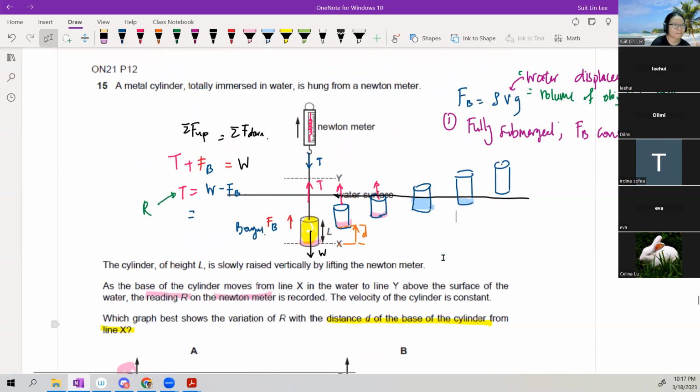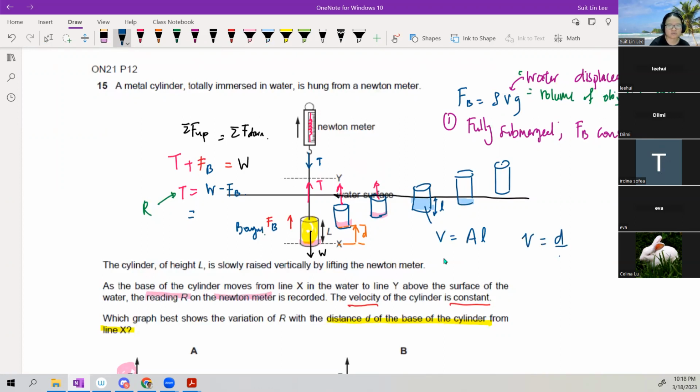So number one, the velocity of the cylinder is constant. Let's say I want to think about the volume. The volume of the cylinder inside the water will be equal to the cross-sectional area, which is constant, multiplied by whatever length this is, which is L. But velocity is distance over time.